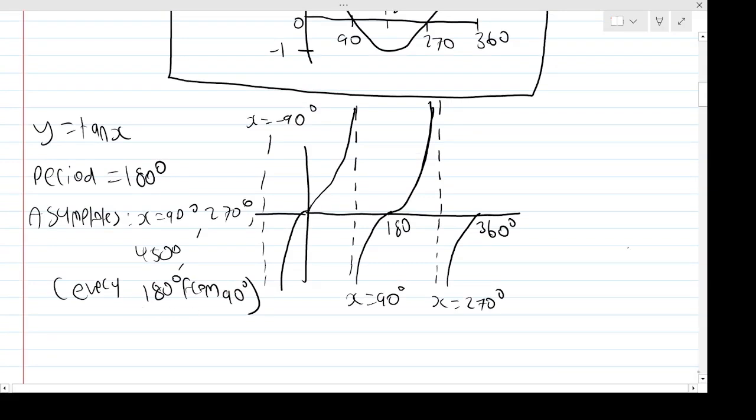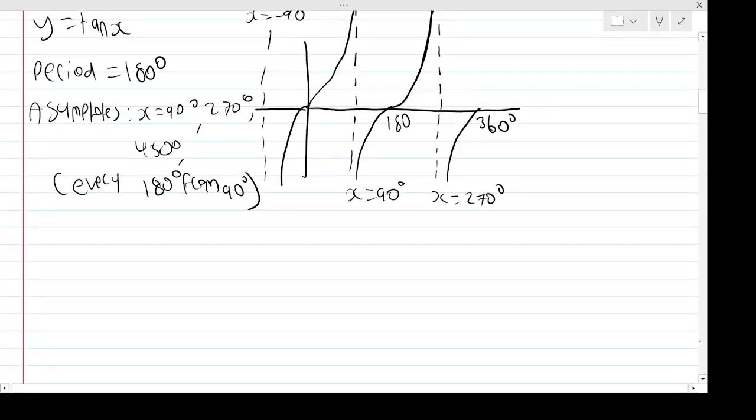Anyway, so that's the graph then. Again, the core part of the graph is between 0 and 180, because if the period is 180, it's just repeating itself every 180 degrees after. So the main part of the graph is the first 180 degrees. If we do that, the graph will look like this.